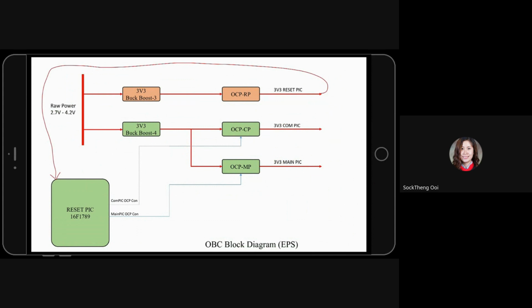Mr. Tarindu, would you mind sharing with us, for EPS, if we would like to do the checking on the circuit on the PCB board, step by step from the beginning, where should we start to check this? I can show how to do that when you program the reset pick. Basically, I will change the reset pick code, but eventually I will go back to the old code.